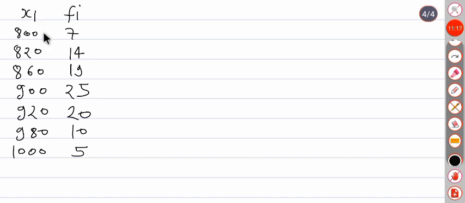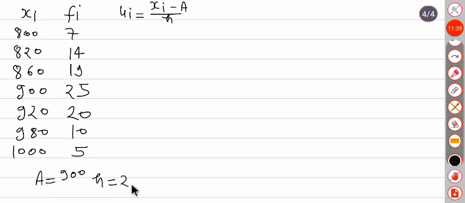So what you need to do is compute ui, which is xi minus a upon h. Here I am going to take a equal to 900 and h equal to 20. You can take either one, but try to take the assumed mean from the middle.